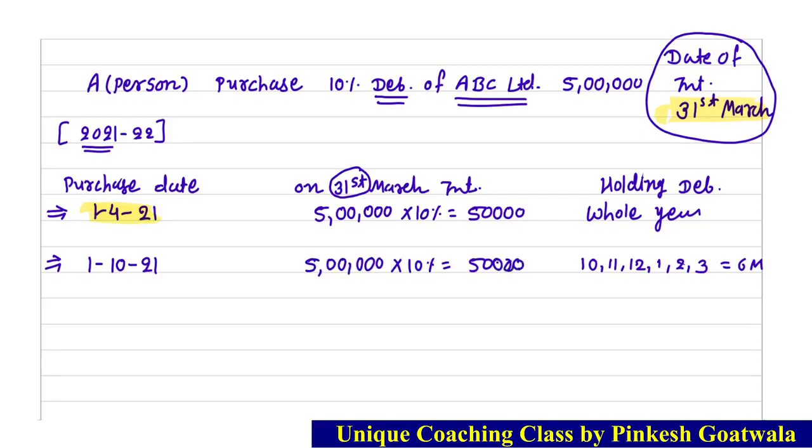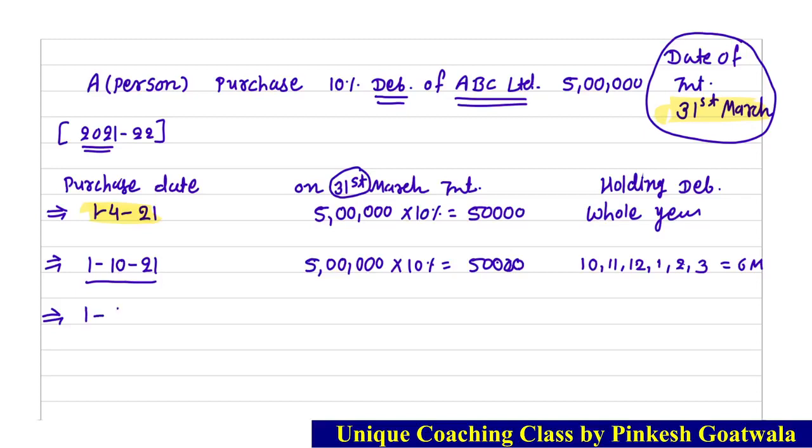Now here the question: why, holding debenture only for 6 months? 10, 11, 12, 1, 2, 3, 6 month માટે તો holding કર્યું છે ને. જ્યારે ડેટ ઓફ ઇન્ટરેસ્ટ આવી છે ત્યારે 6 મંથનું ઇન્ટરેસ્ટ મળવું જોઈએ. It's a common sense point. But here he gets interest 50,000, the full amount.